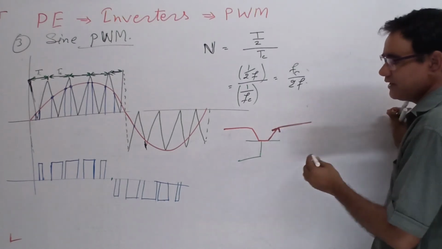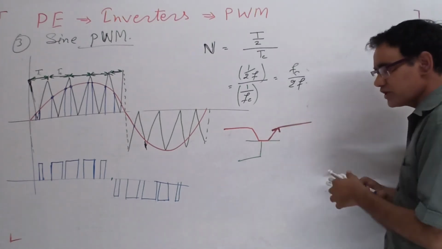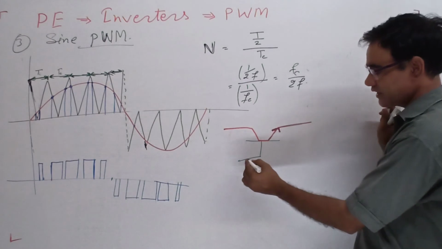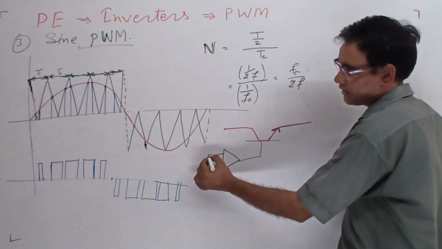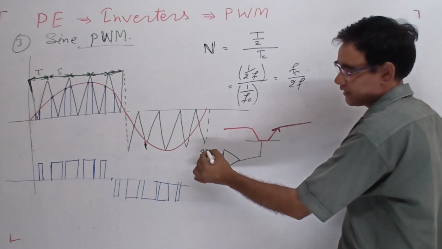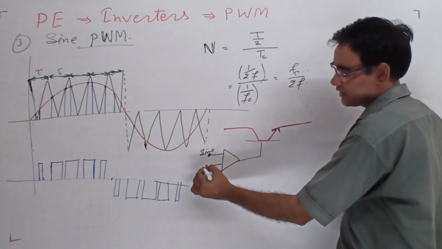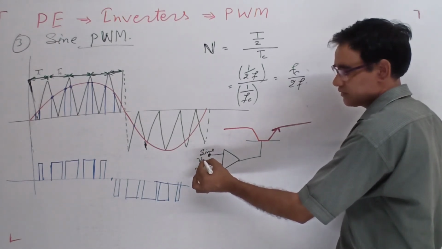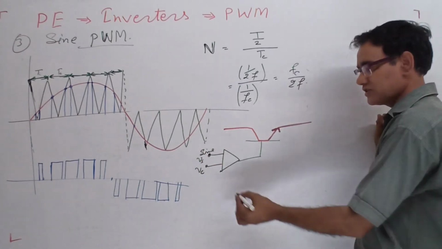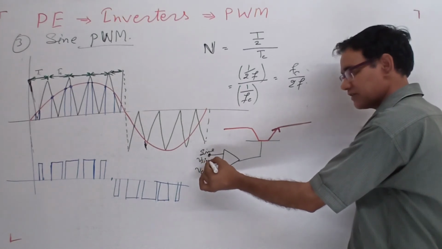Here the power is supplied, and the second is the control circuit. The control circuit is fed with the help of the comparator. On the comparator there is a sine wave and there is a carrier wave.